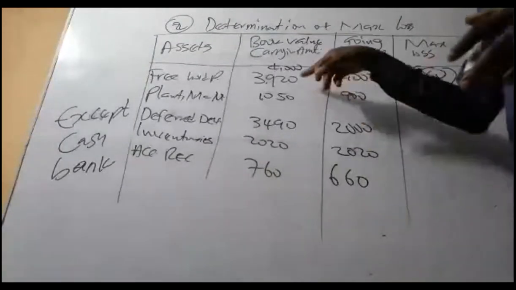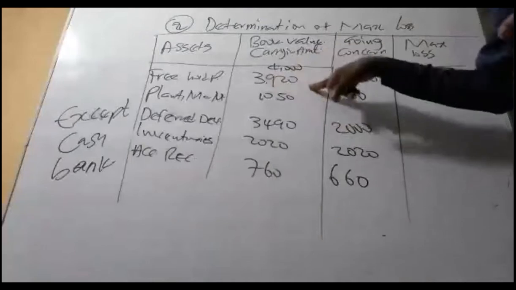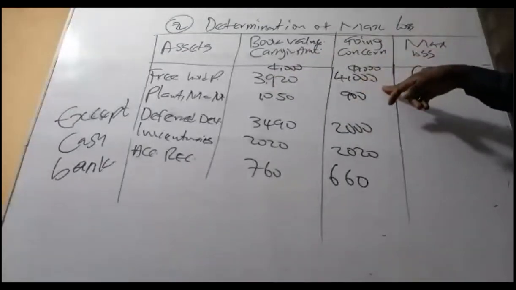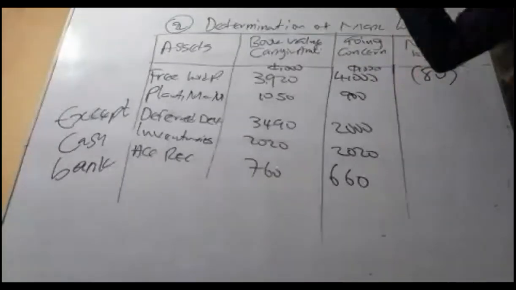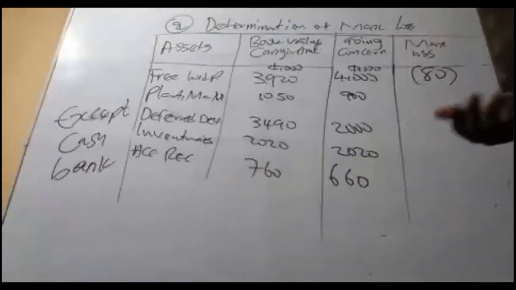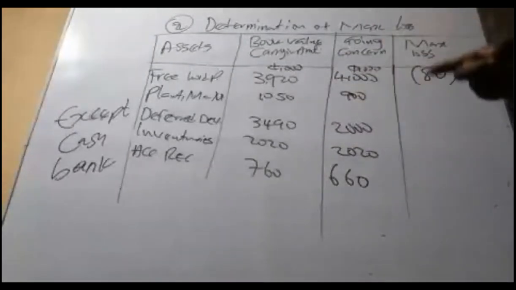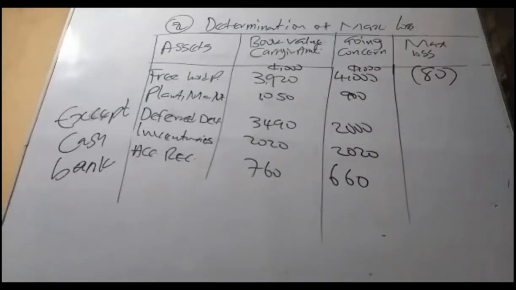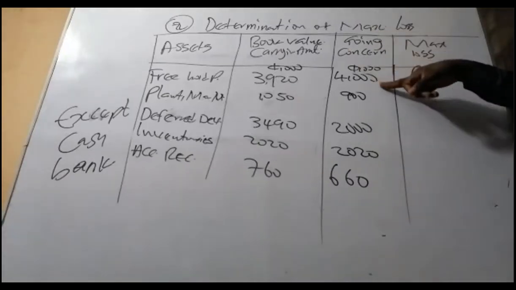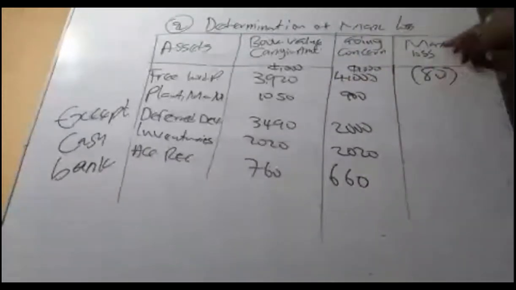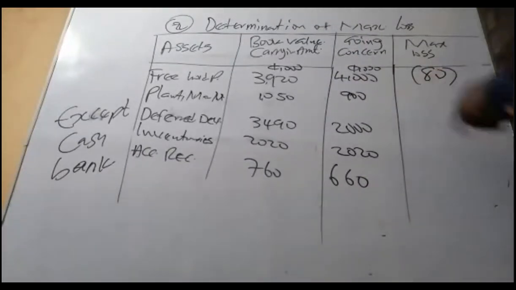I have an asset, the book value is 3,920, but the going concern value or the fair value is 4,000, which has increased. So it's a plus to us, like a revaluation gain. This is the current amount versus the revalued amount, IAS 16. So if this is the revalued amount and this is the current amount, there's a gain of 80. And the gain is in brackets over here.